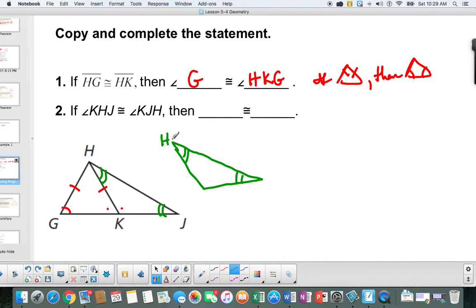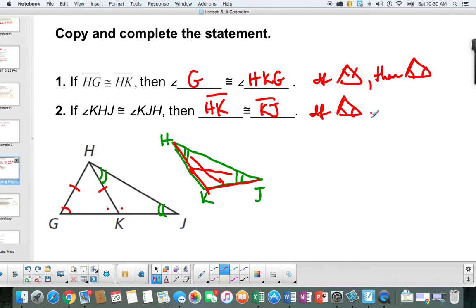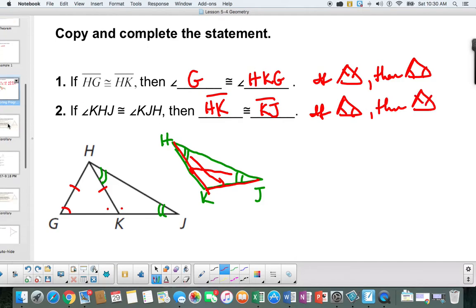This is H, K, J. And so we know that this side is opposite that angle, and this side is opposite this angle. So we can say HK is congruent to KJ. And this is the converse. So when the two angles are congruent, then you can say the two sides are congruent. This is the converse of the base angles theorem.